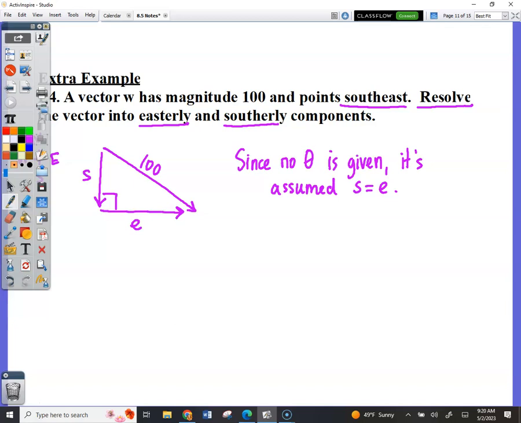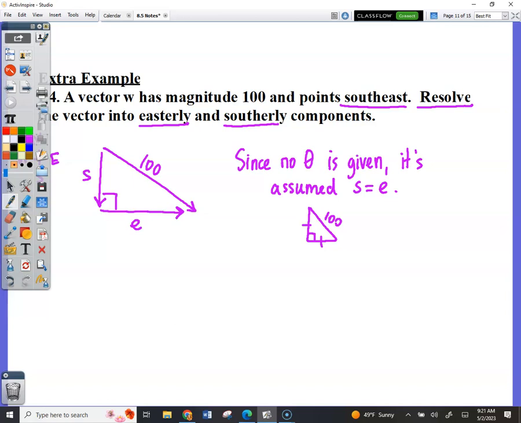But if S equals E, then what type of triangle do you actually have? You actually have an isosceles. So if this bothers you over here, you could just copy a picture of an isosceles triangle right here and make a note that those are equal.